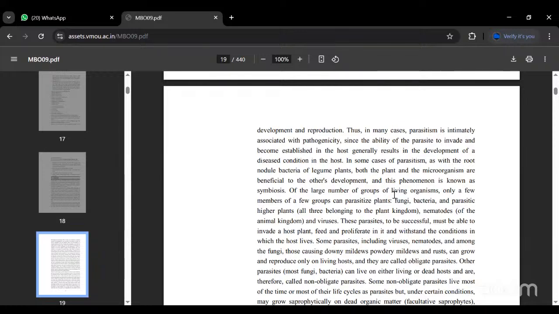These can live on either living or dead hosts and are therefore called non-obligate organisms.